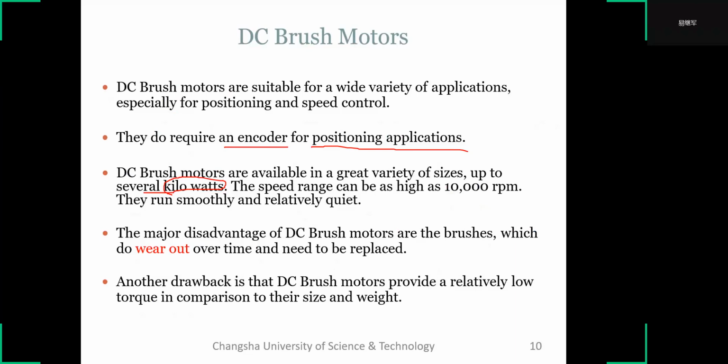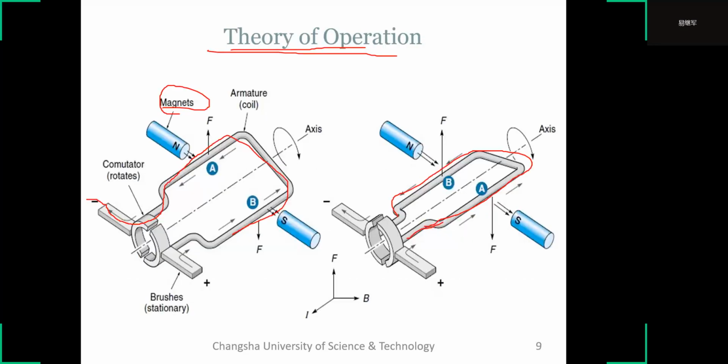The major disadvantage of DC brush motors is the brushes, which do wear out over time and need to be replaced. This is a brush.